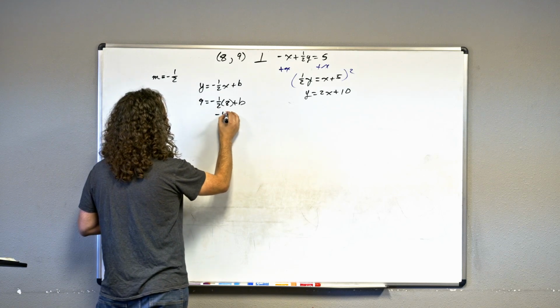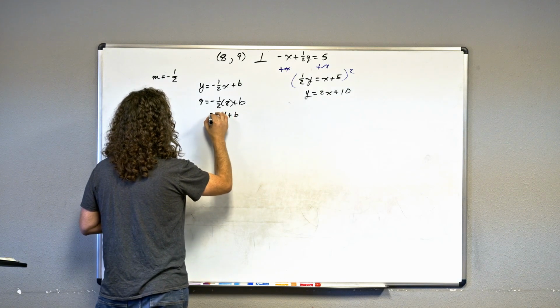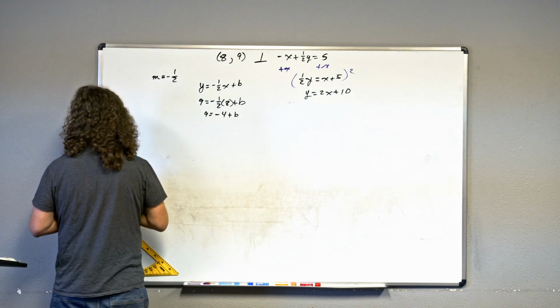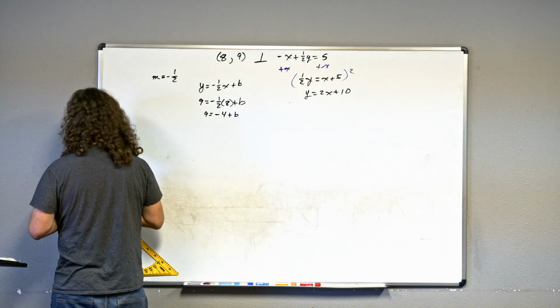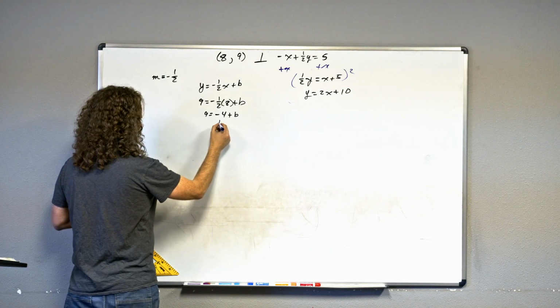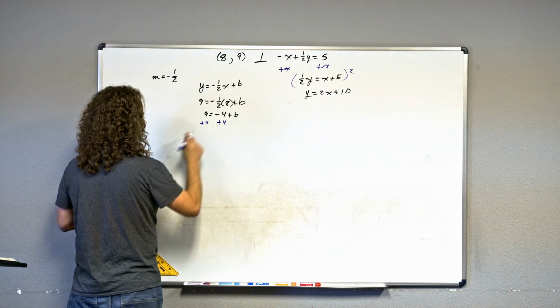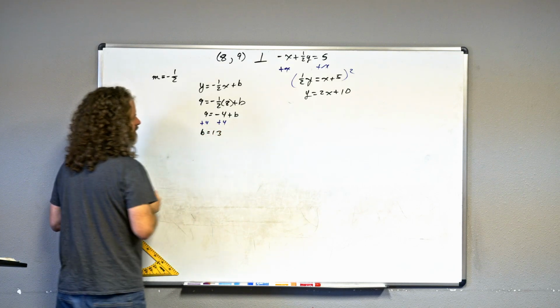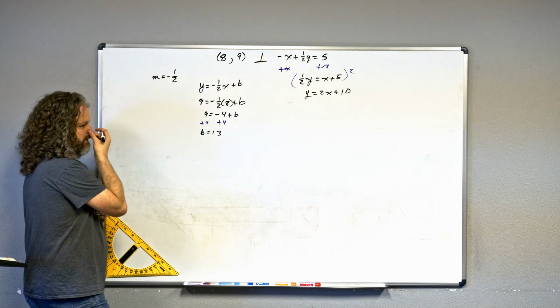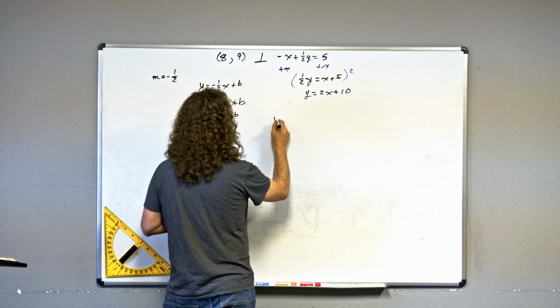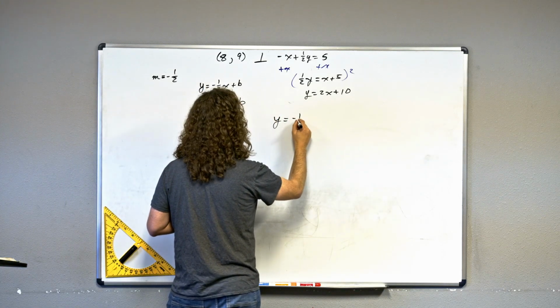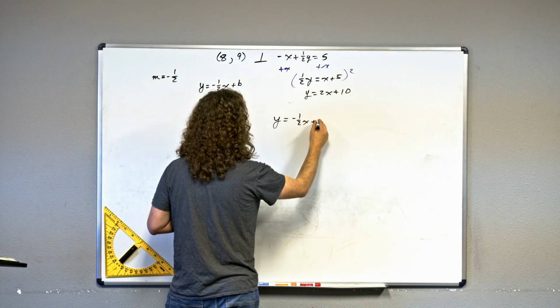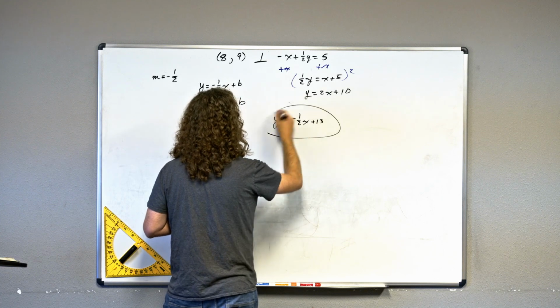Negative 4. Now what? Add 4 to both sides. So b equals 13. Now what? Plug it back into the slope-intercept form. So our final answer is y equals negative 1/2 x plus 13.